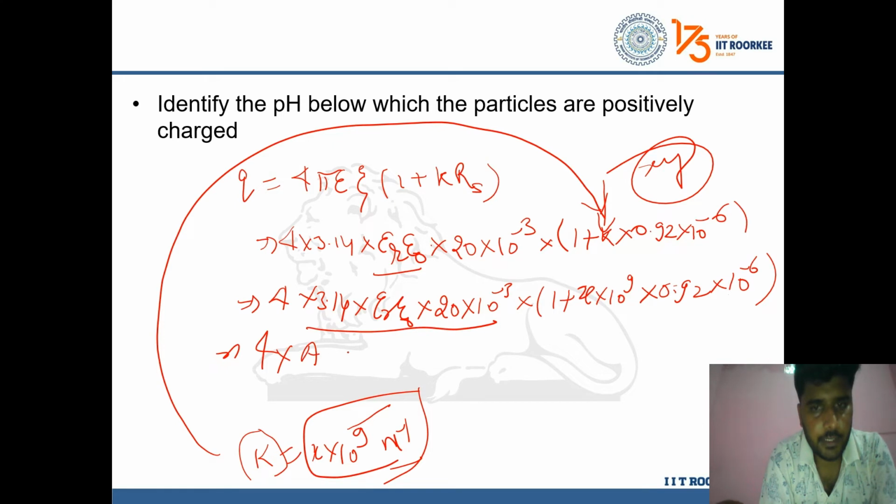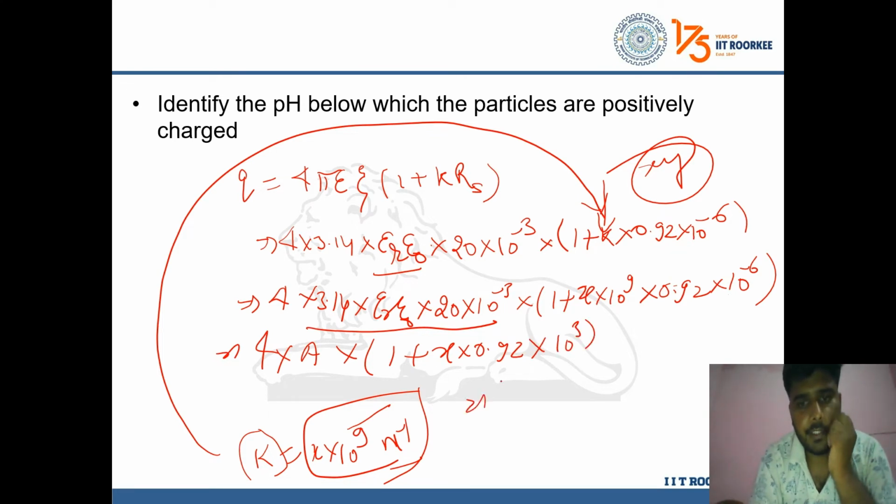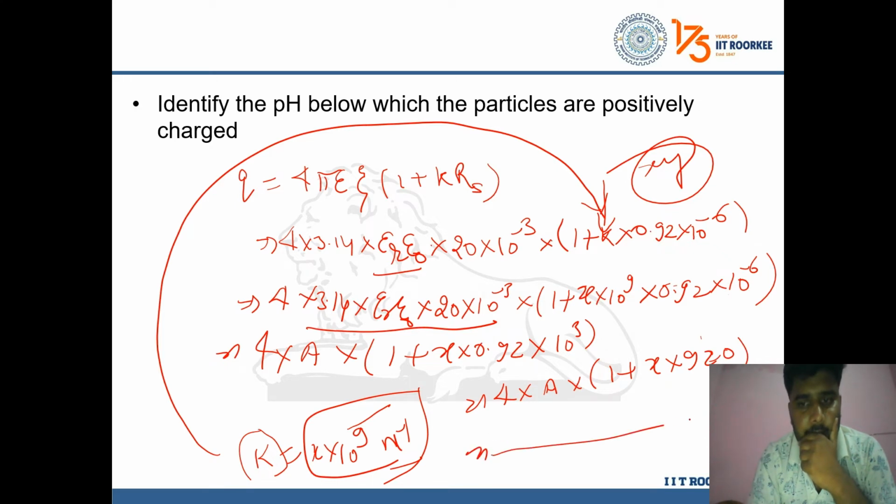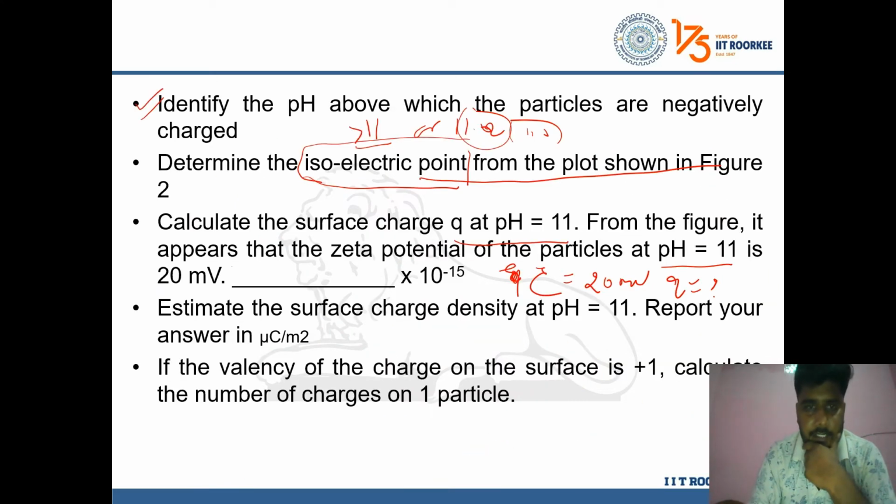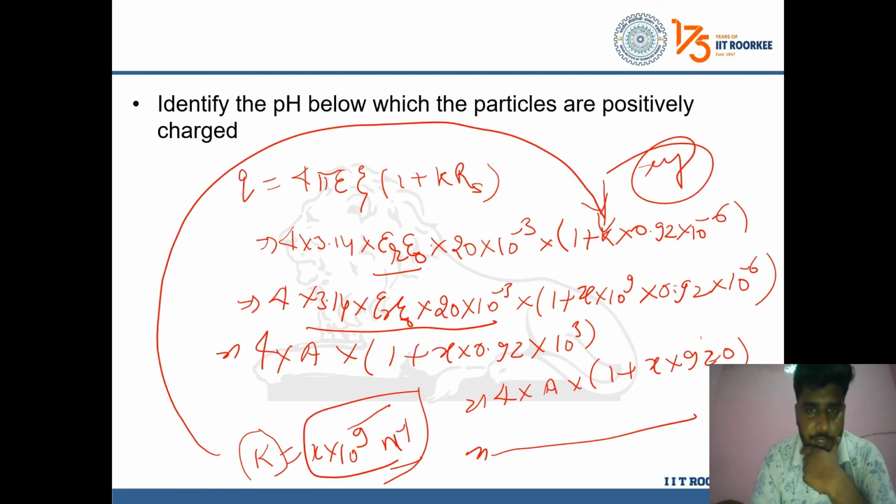If it is a, you will be getting x multiplied by 0.92, and after that you will get something like this. Similarly, you will get the charge value in terms of 10 raised to minus 15.